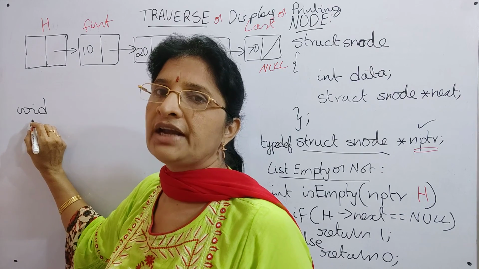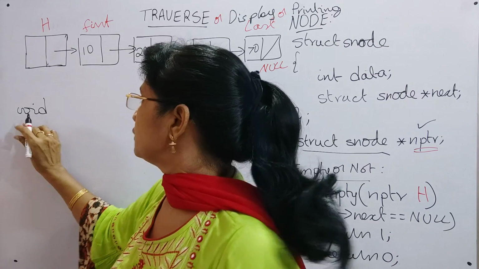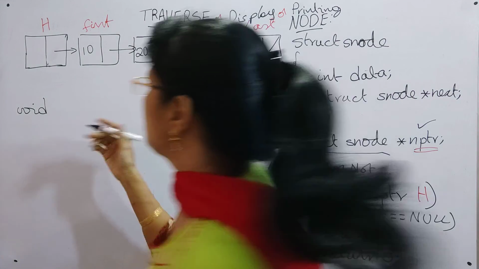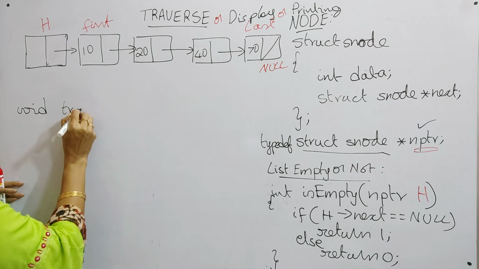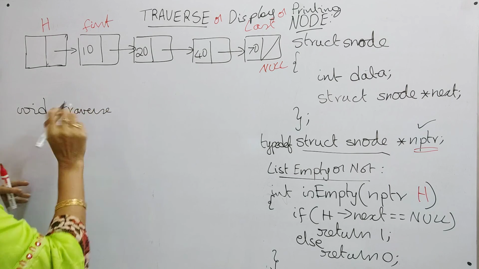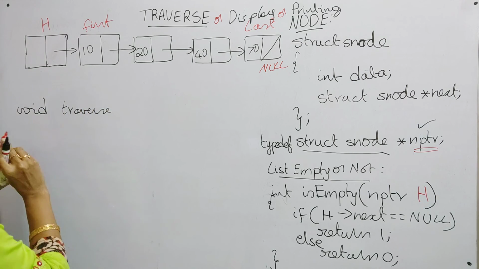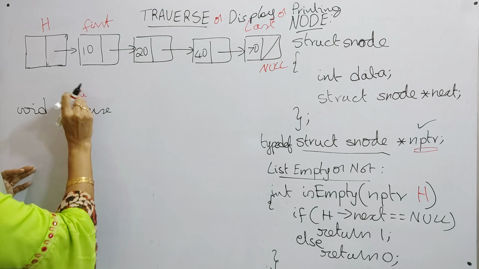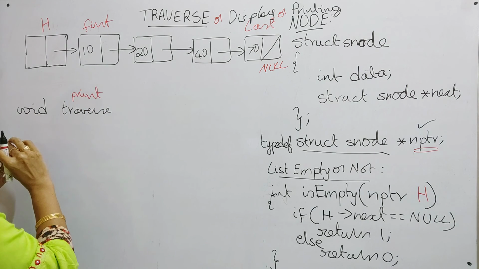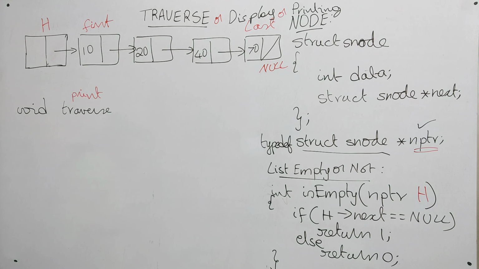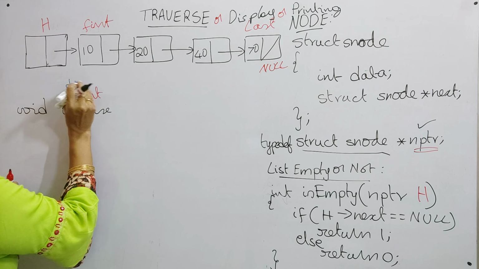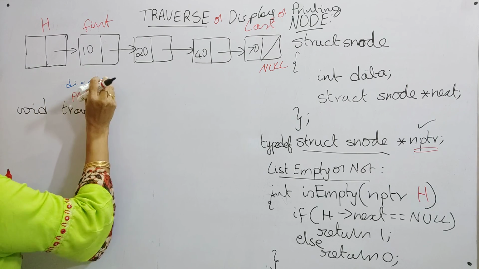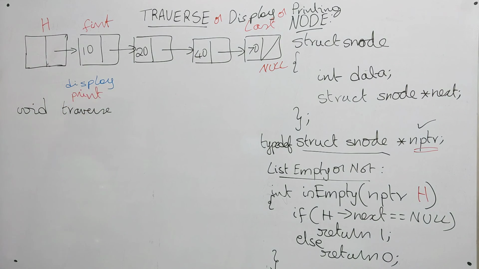You can give the function name either traverse, or print, or display. Any valid identifier can be given.